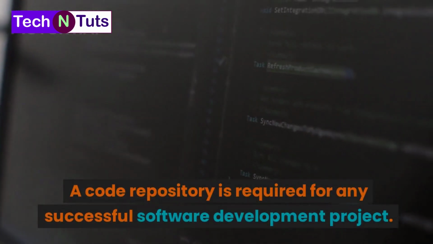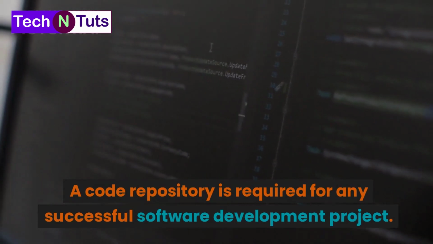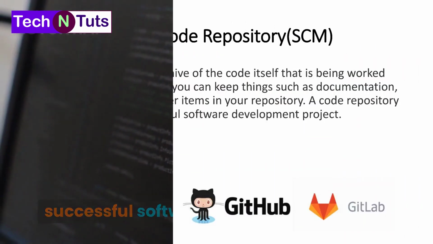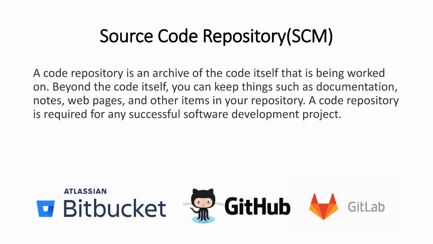A code repository is required for any successful software development project. The most popular SCMs are Bitbucket, GitHub, and GitLab. GitHub is most popular on a team, but for private companies GitLab is used.